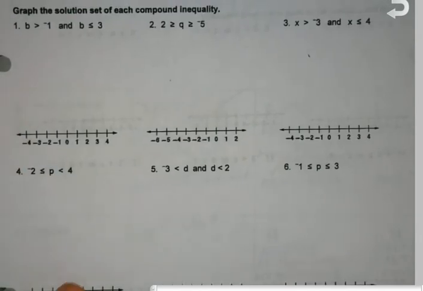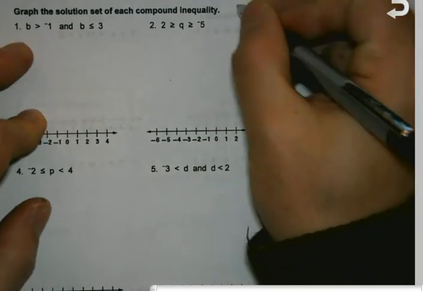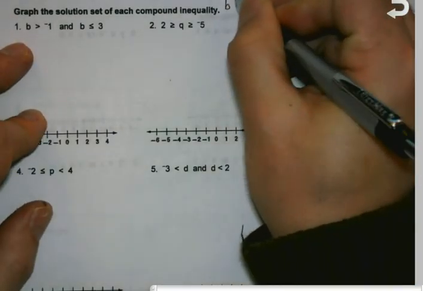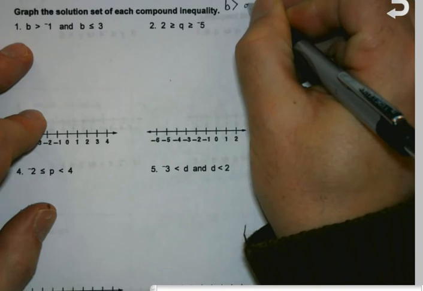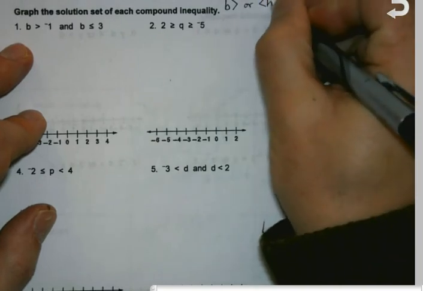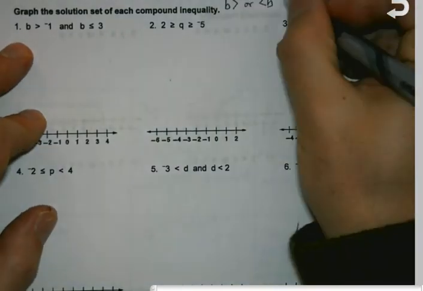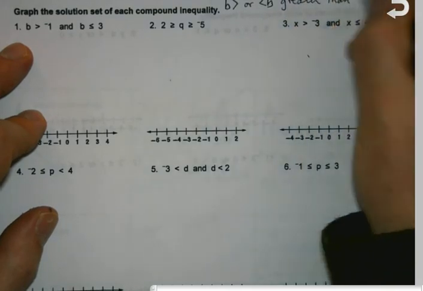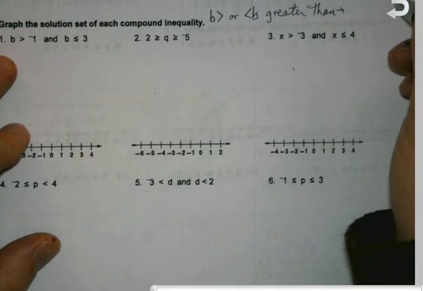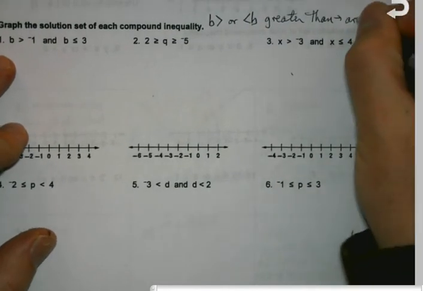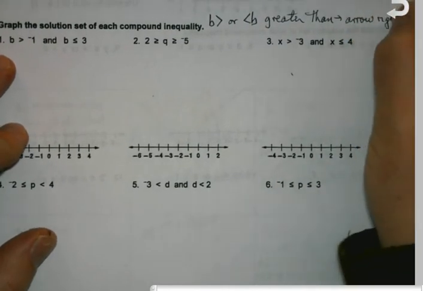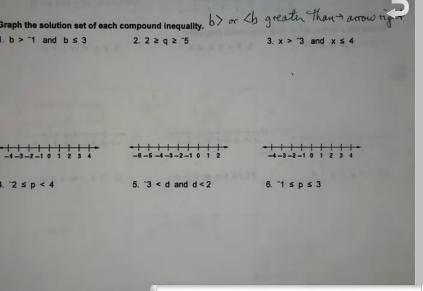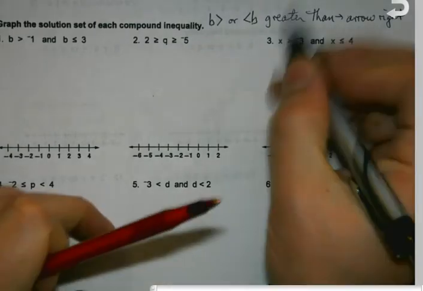Okay, so graph the solution set of each compound inequality. B is greater than -1. Now remember, if you have a variable, whether it's b, x, whatever, and the arrow is eating your variable, that's always going to be greater than, and my arrow is going to go to the right.